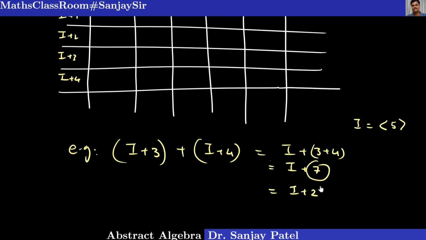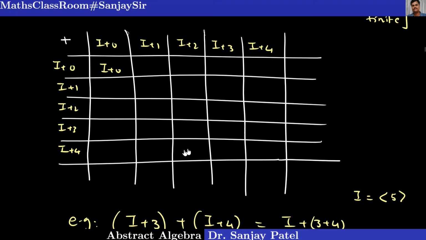So it is like that. And using this fact, you can fill up all the entries in this table. So what you will get is I plus 1, I plus 2, I plus 3, I plus 4. When you add I plus 0 to anything, it remains the same coset, because I plus 0, you know, is a 0 element. So nothing to check here.